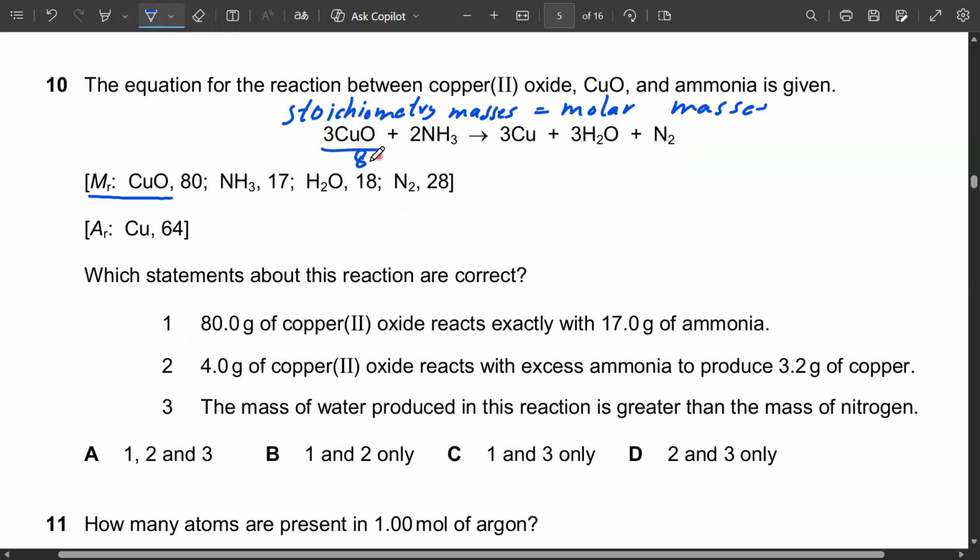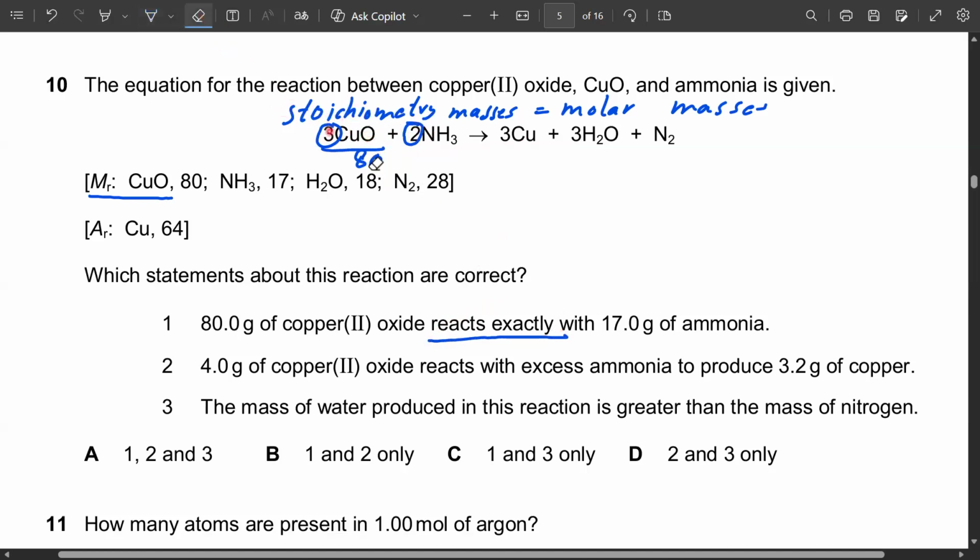We can say 80 gram is there. But at the same time, ammonia has 2 moles. So you cannot justify 3 moles with 2 moles of ammonia. They should be the same moles. If they have to react exactly, they should have been the same mole, but their moles are different.